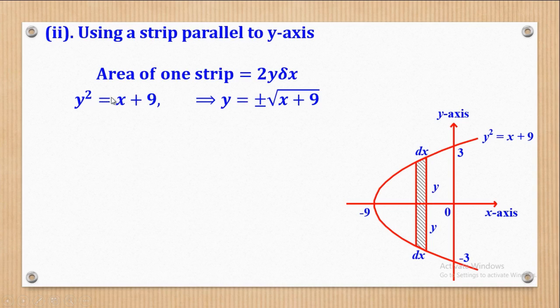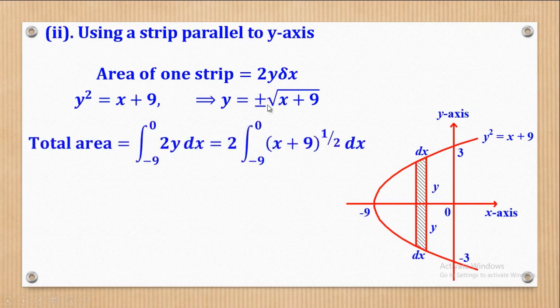But we know that y squared is equal to x plus 9. Therefore, y is equal to plus or minus the square root of x plus 9. Therefore, the total area will be the integral from negative 9 to 0 of 2y dx, which, when I substitute for y, I'll come up with this.